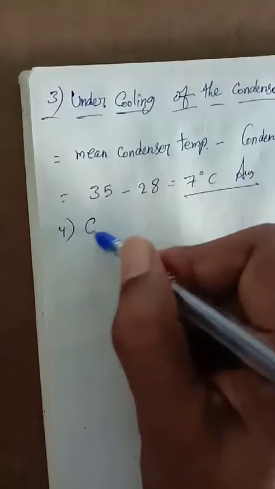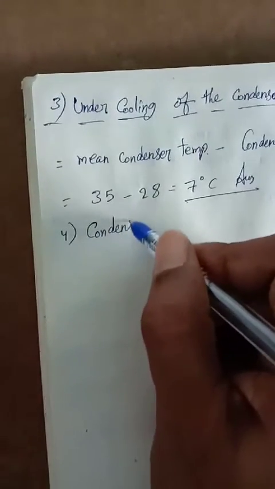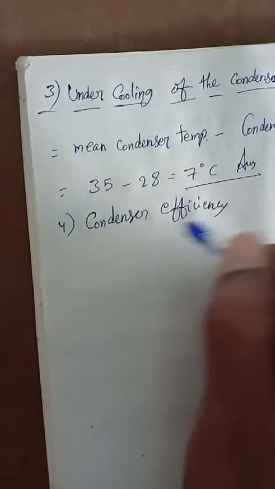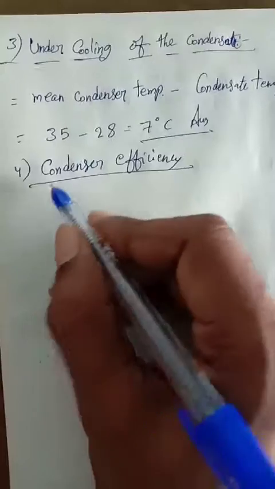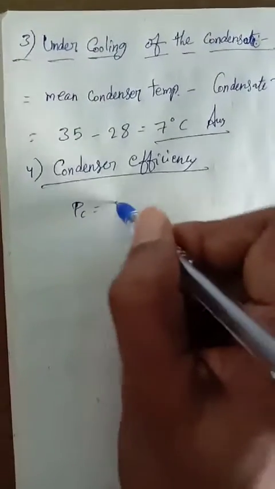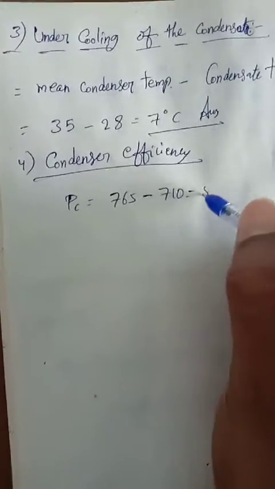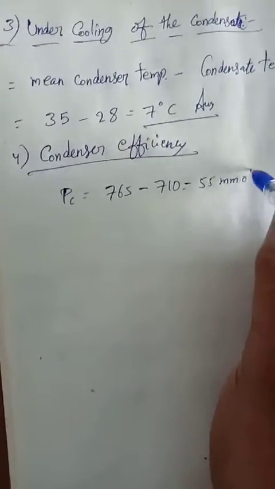And then the fourth one, condenser efficiency. We have already found that the pressure in the condenser, PC, is equal to 765 minus 710, that is equal to 55 mm of Hg.